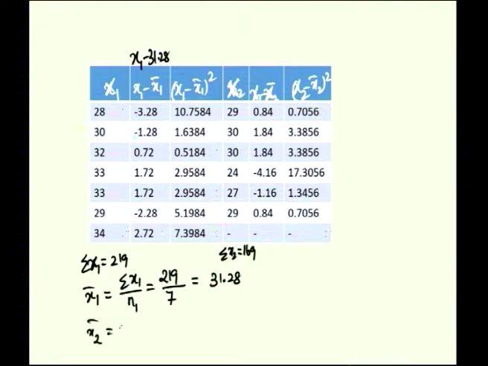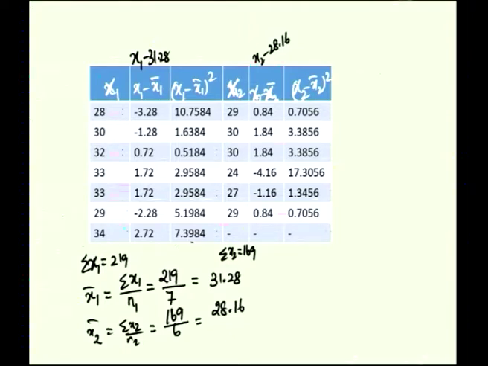So that x2 bar is summation x2 by n2, which is 169 by how many values are there? 6 values, which is equal to 28.16. Okay. So, each value is subtracted with 28.16. So, x2 minus 28.16, and these are its square values, 0.84 whole square. Okay.